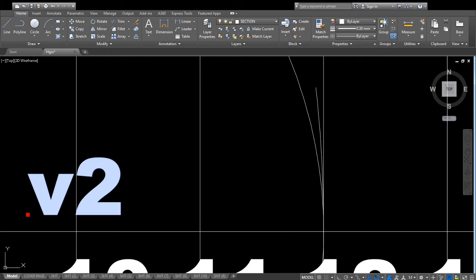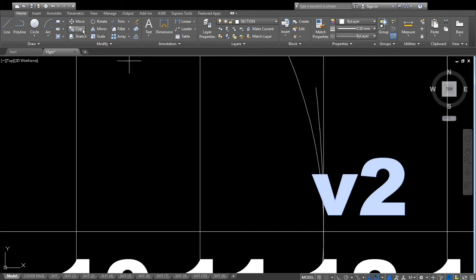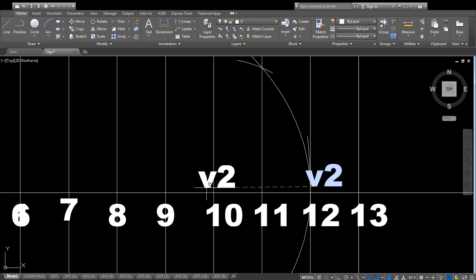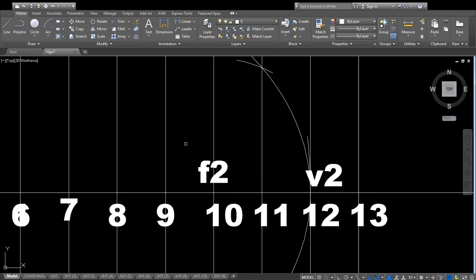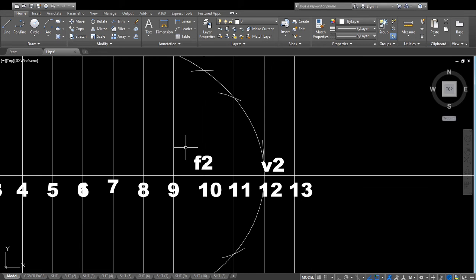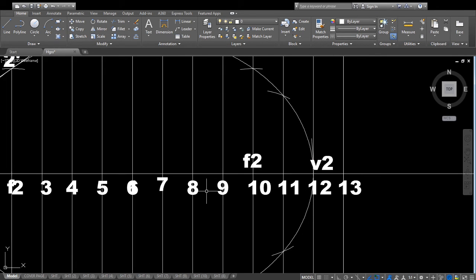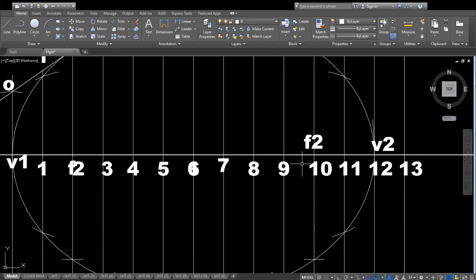This point is here. Then is F2, focal point 2. This is F2. This is V2, this is V1, V2, F1, F2.